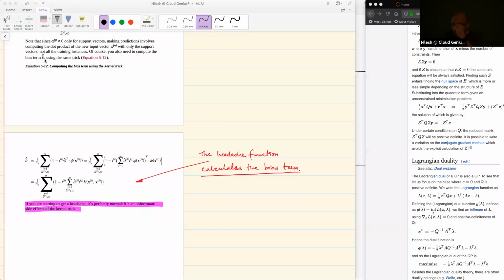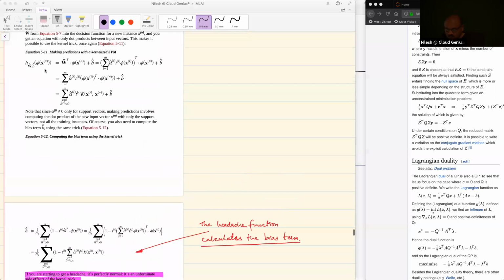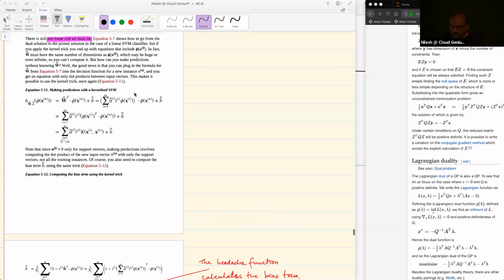Right there, making predictions with kernelized SVMs. There is phi, but at the end there is no phi. So you want to calculate this parameter, and we don't have a phi at the end. Let's move forward.